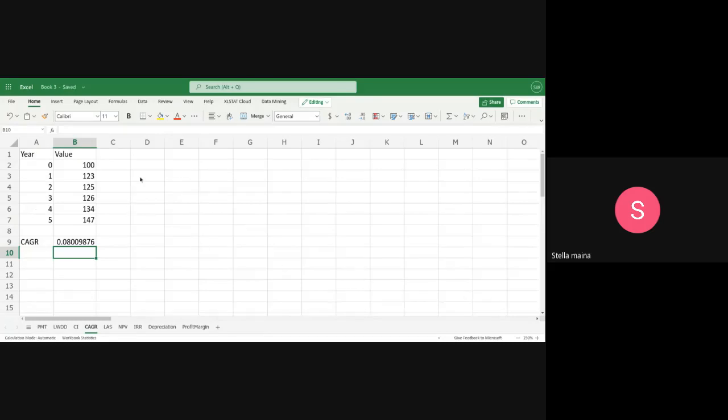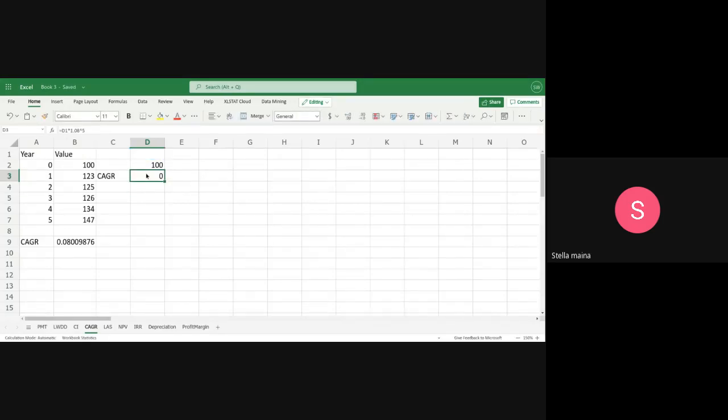It's just the same as saying, if you have 100 here and we want to find the value after 5 years, we can just say equals D2 times 1.08, since we already know the rate is around 8%.